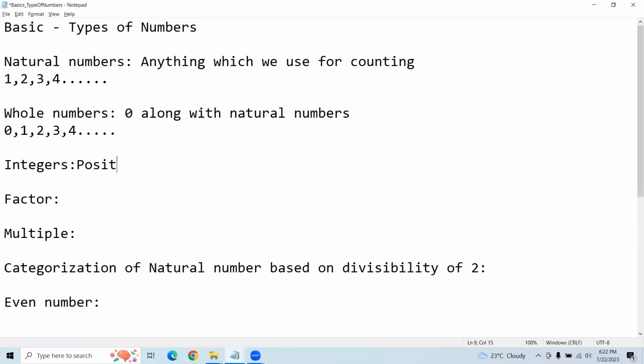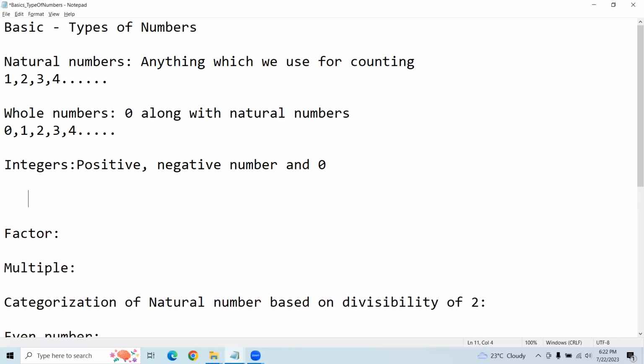Positive numbers, negative numbers, and 0 together make integers. If you look at this 0, then you have positive integers 1, 2, 3, 4, and it will continue here.